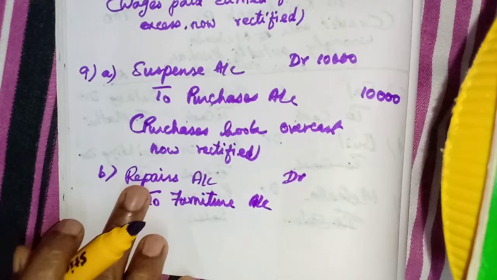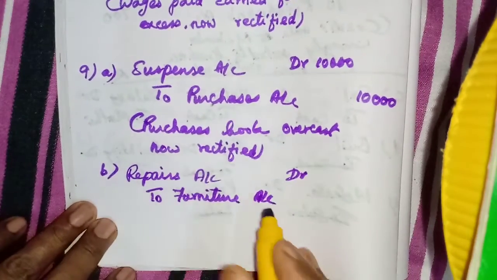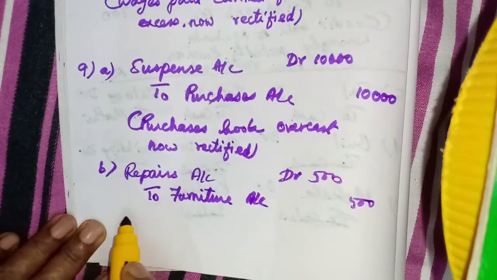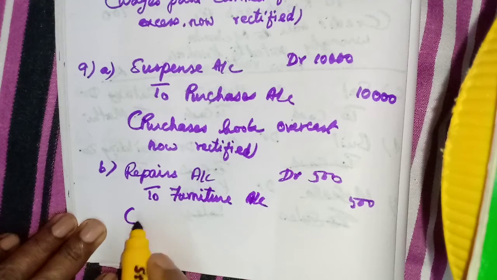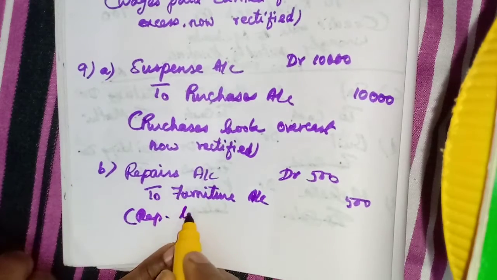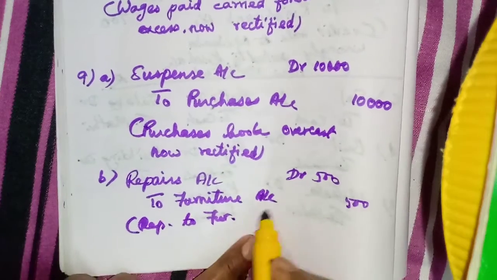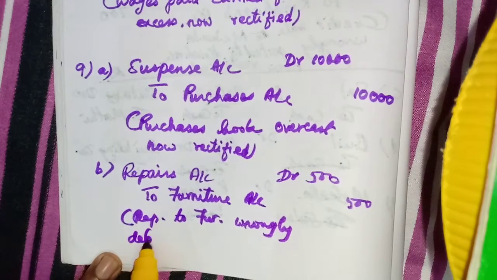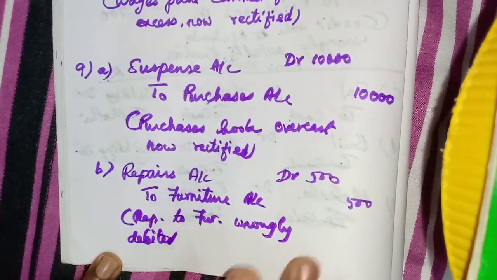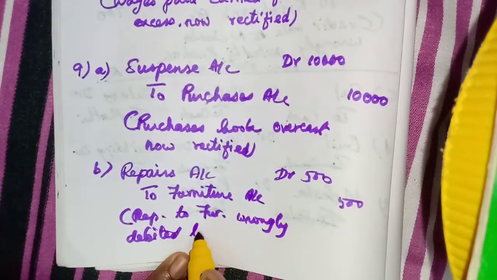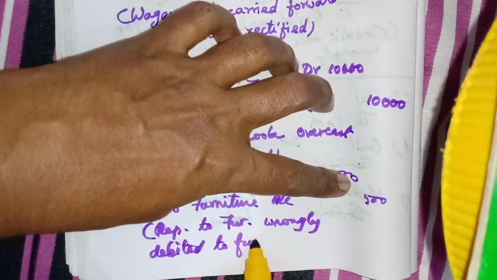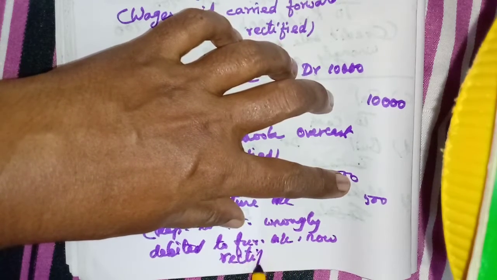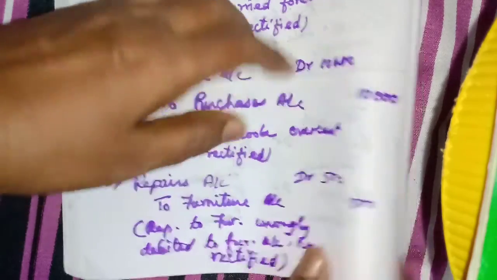Repairs should have been debited, that we need to debit. Now what is the amount? 500. Then narration we have to write: repairs to furniture wrongly debited to furniture account, now rectified.